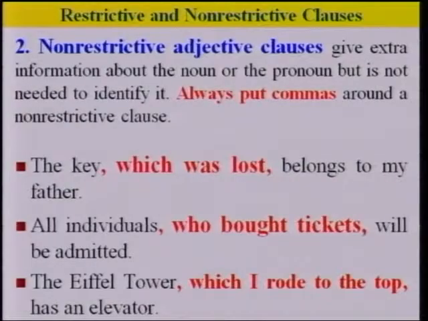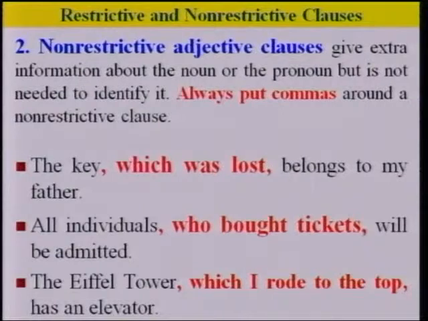non-restrictive adjective clauses give extra information. So they are not necessary to the meaning or to the definition of the noun they refer to. And therefore, we put commas in order to separate the adjective clause from the rest of the sentence. Okay, for instance, the key, which was lost, belongs to my father. Or all individuals, who bought tickets, will be admitted.